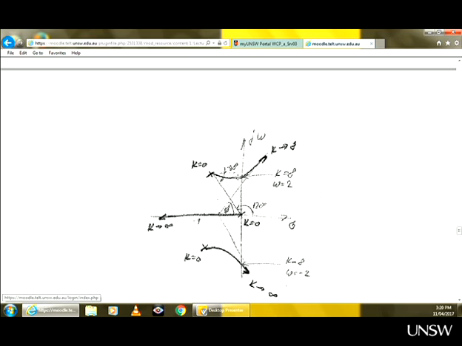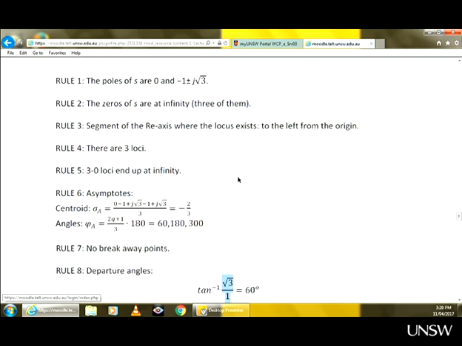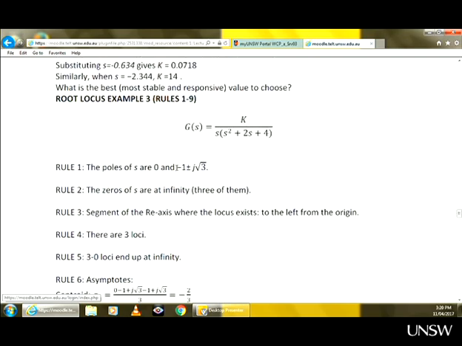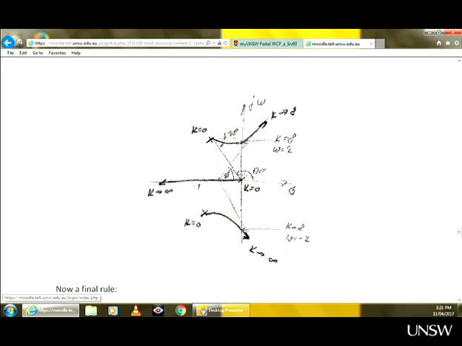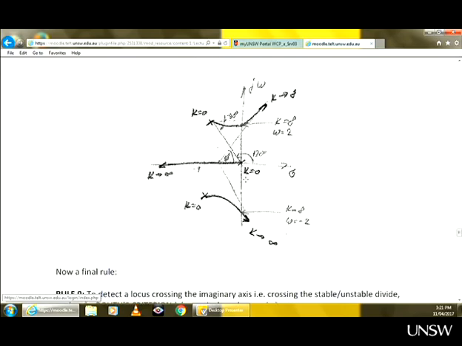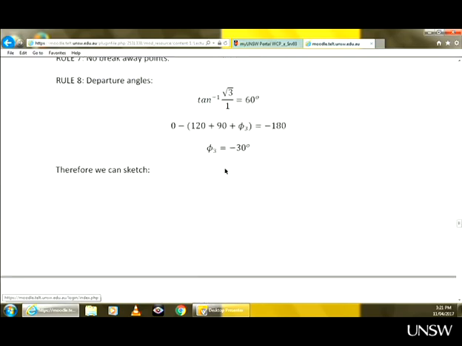Well, we found these poles to be -1 plus minus j square root 3. So the imaginary part is square root 3, the real part is 1. So just basic trigonometry. Tangent of that particular angle is square root 3 over 1. Inverse tangent gives us the angle, 60 degrees.